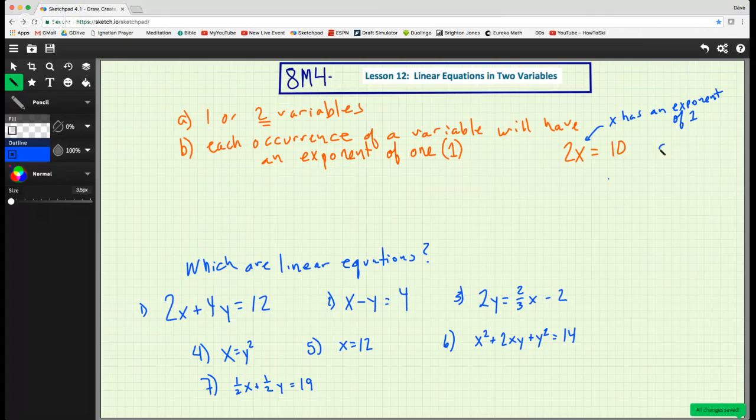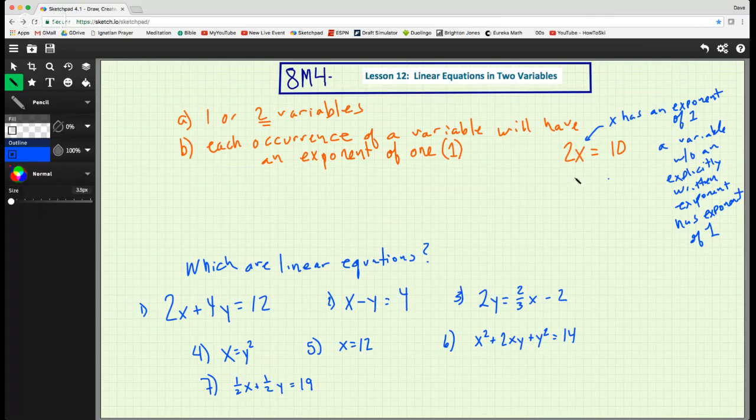A variable without an explicitly written exponent has an exponent of 1.